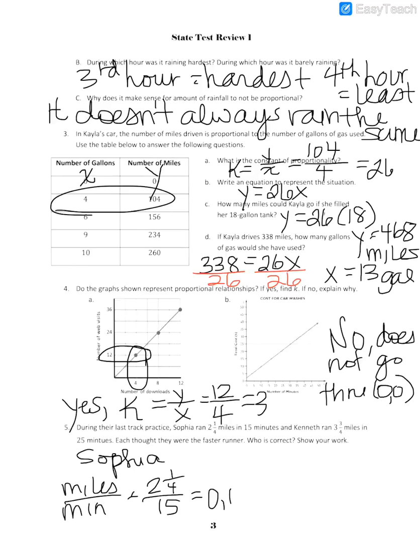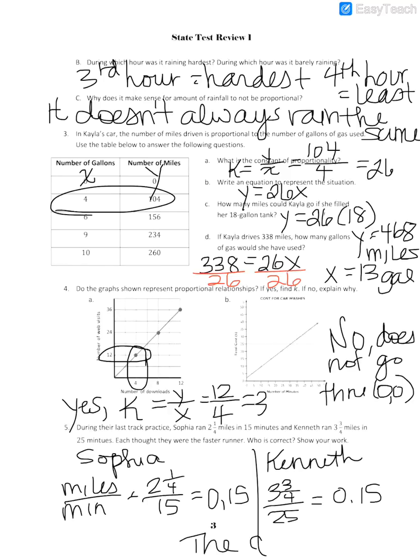That's 0.15 miles per minute. For Kenneth, we have 3 3/4 divided by 25. Ooh, that's 0.15 too. So they are actually the same.